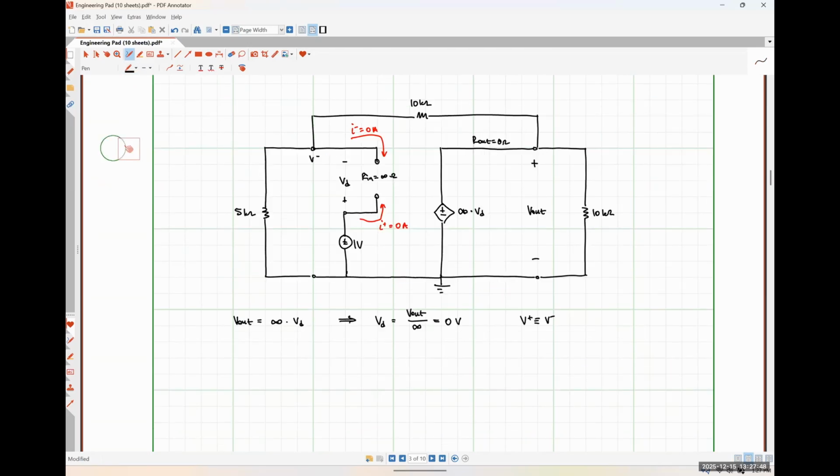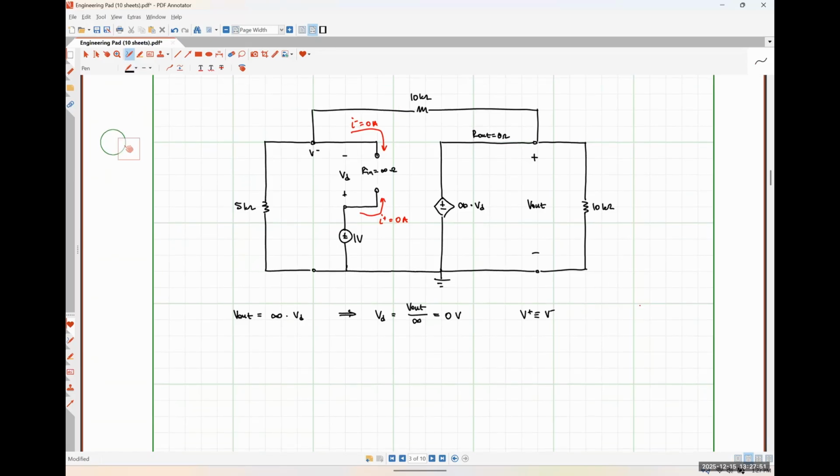So applying KCL at my non-inverting input node, V minus must be equal to V plus, which is 1 volt. So I would have 1 volt over 5 kilo ohms, then I would have 1 volt minus V out over 10 kilo ohms, is equal to 0.